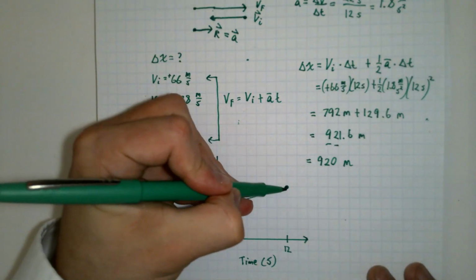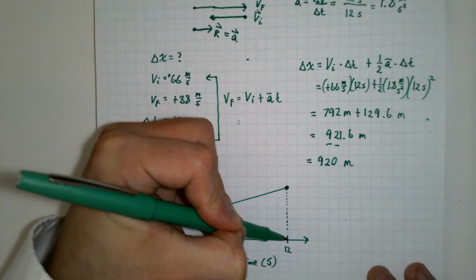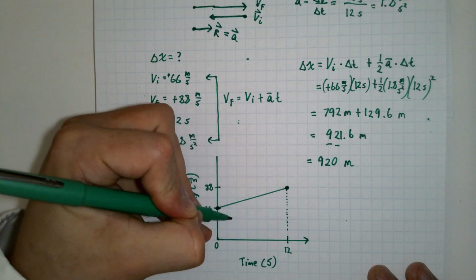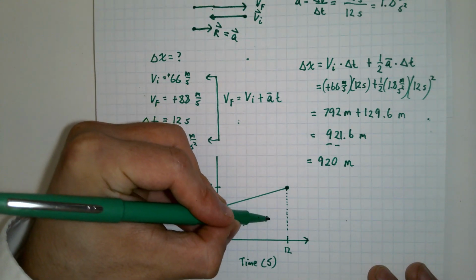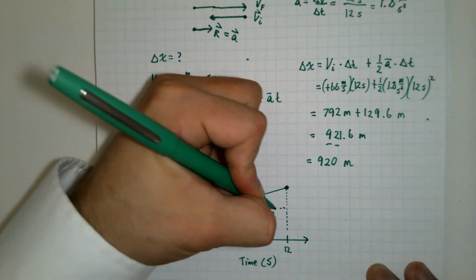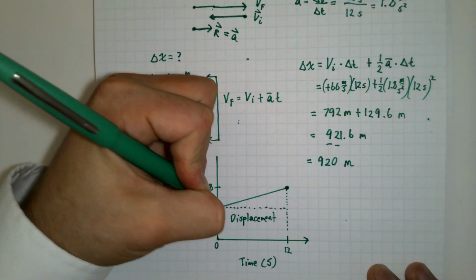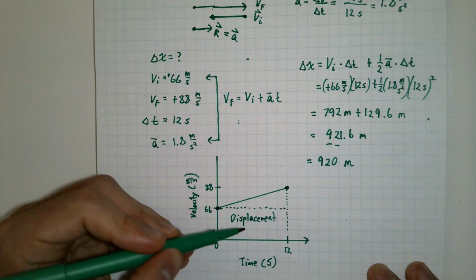The area under the curve that corresponds to displacement is this whole area inside these two shapes. First is our triangle up top, and the second is our rectangle down below.